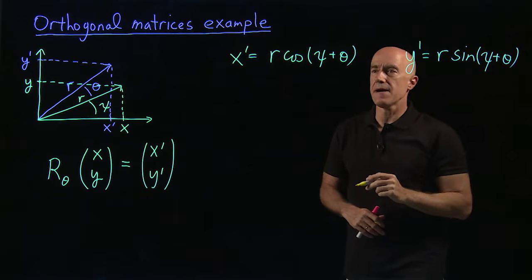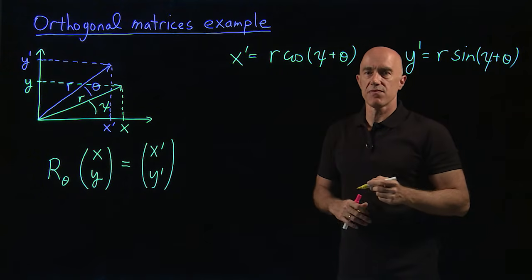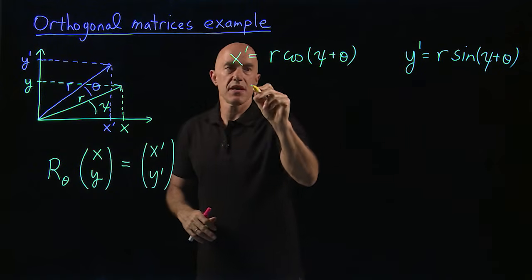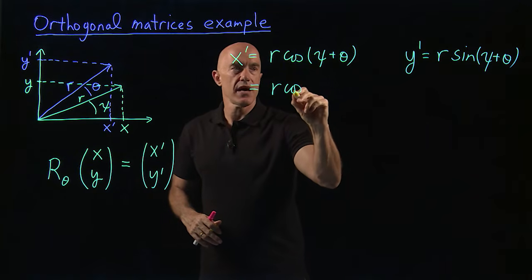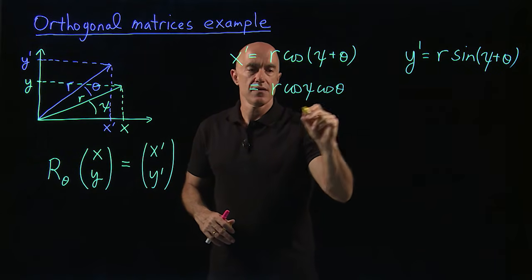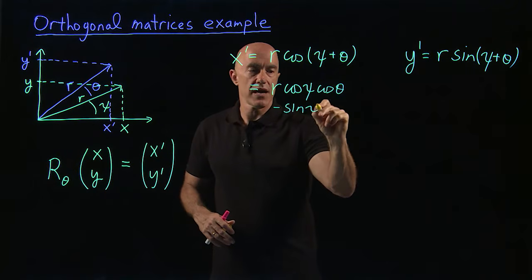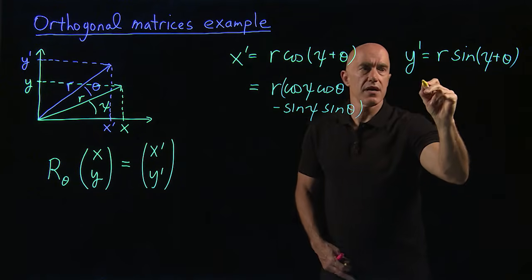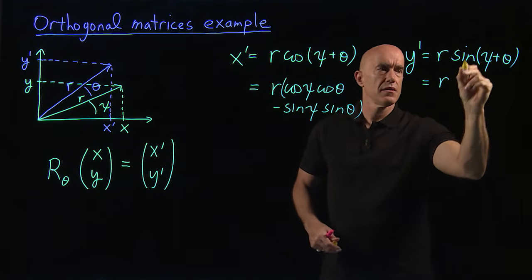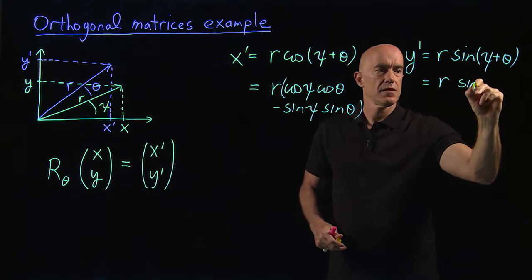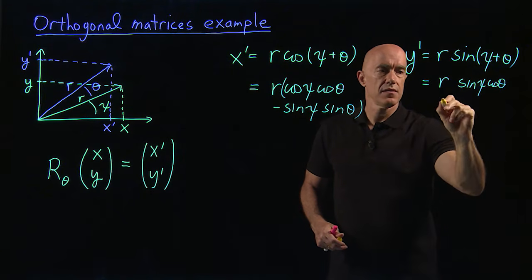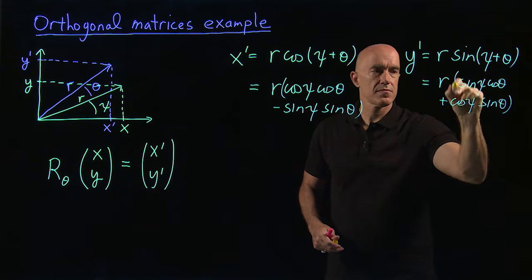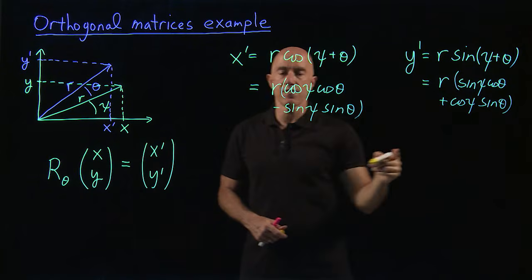Okay? Just do a little bit of trigonometry, the law of cosines and the law of sines. So this becomes r cosine psi cosine theta minus sine psi sine theta, right? And this one becomes r times sine psi cosine theta plus cosine psi sine theta, right? So law of cosines and law of sines.